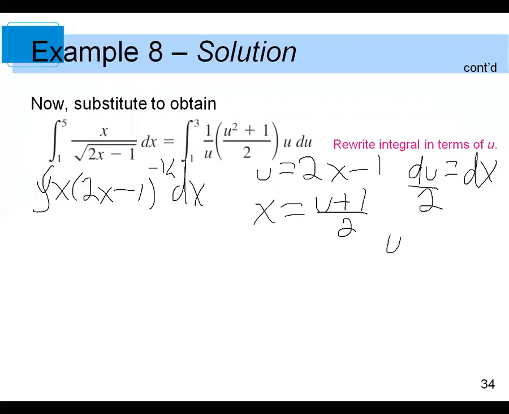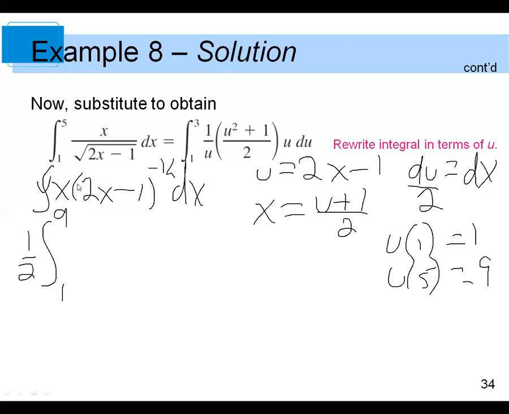So if I substitute when x is 1, what's u going to end up being? When x is 1, u is going to end up being 1. And when x is 5, you would have 10 minus 1, which is 9. So you're going to get the definite integral from 1 to 9.